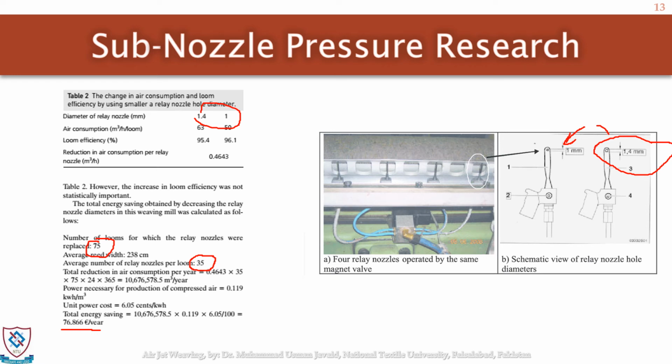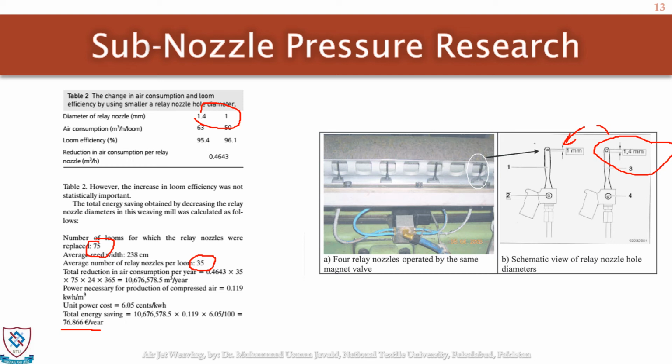So I want to mention on this slide that it is very important that we use our sub nozzle pressure very sensibly. A very large amount of air release assures that the weft is inserted, but it is an overuse of air. Air is a very expensive resource for us. When we use it, it consumes energy, and it diminishes in the air if we use it excessively.